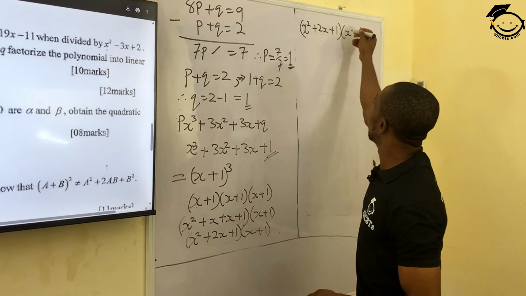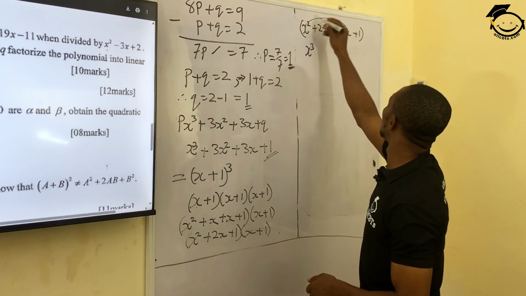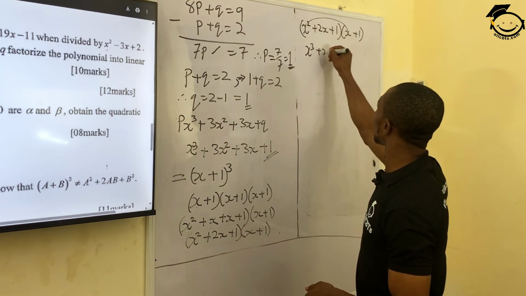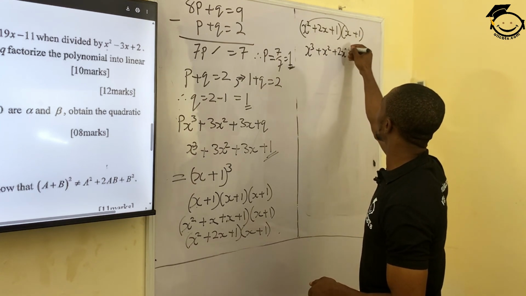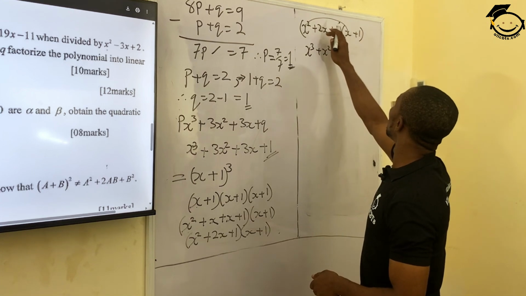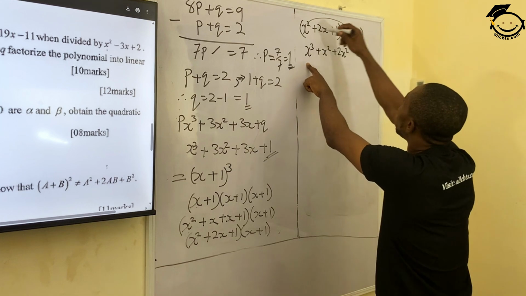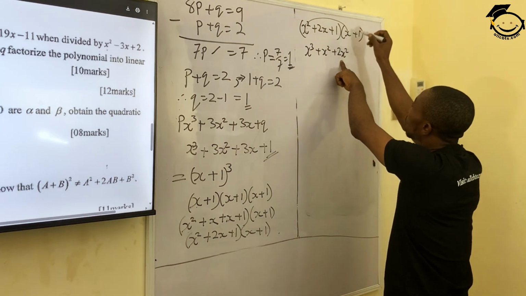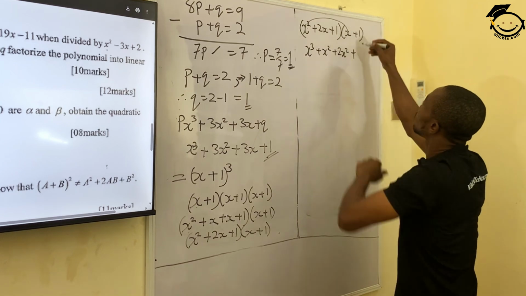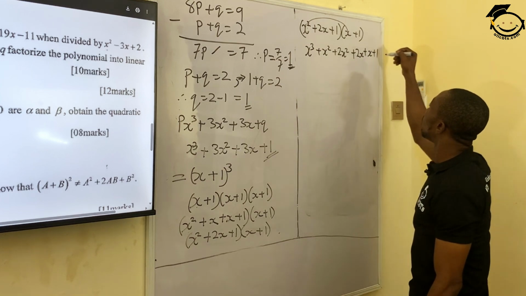So this becomes x times x, which gives us x cubed. This x times 1 gives us plus x squared. This times this gives us plus 2x squared. This times this, x cubed; this times this, x squared; this times this, 2x squared; plus this times this will give us 2x plus x plus 1.